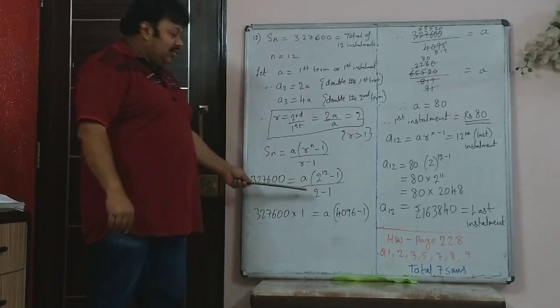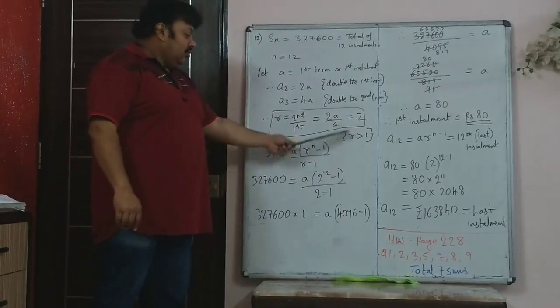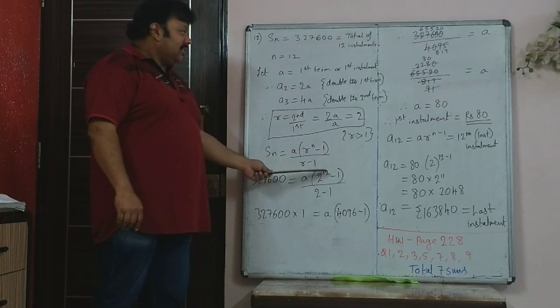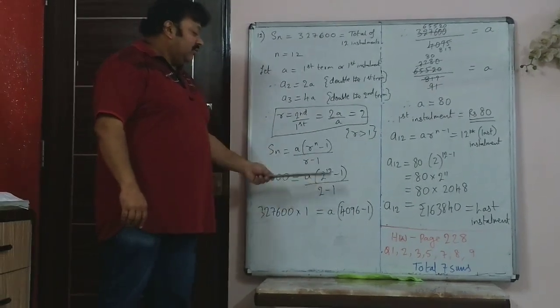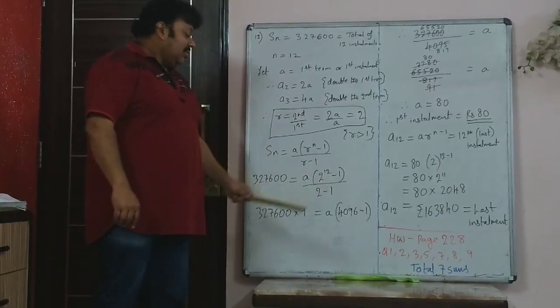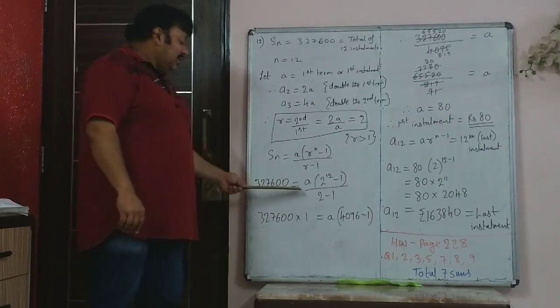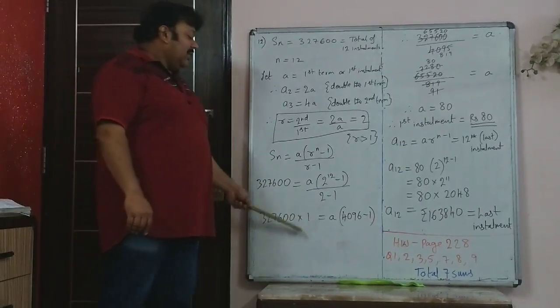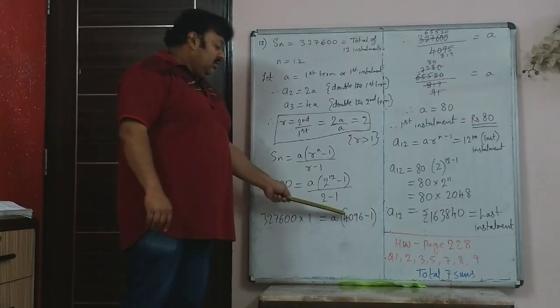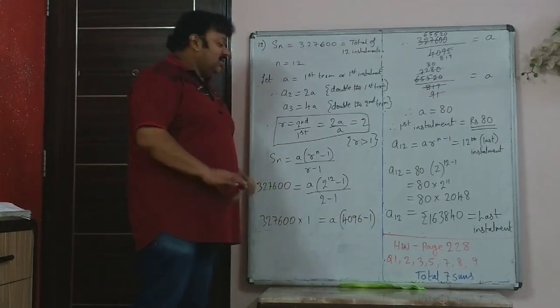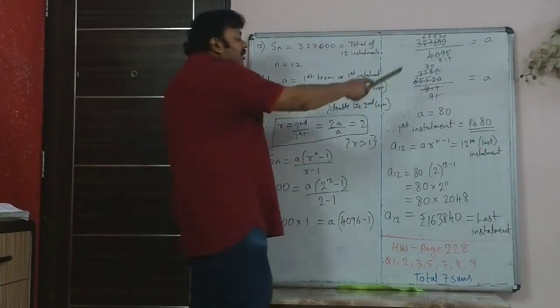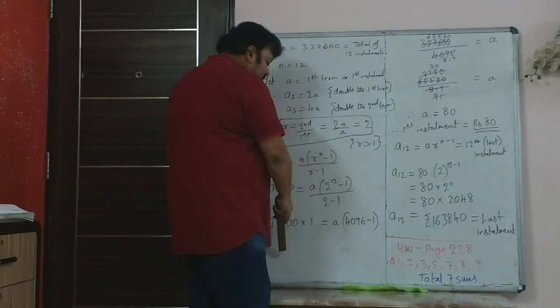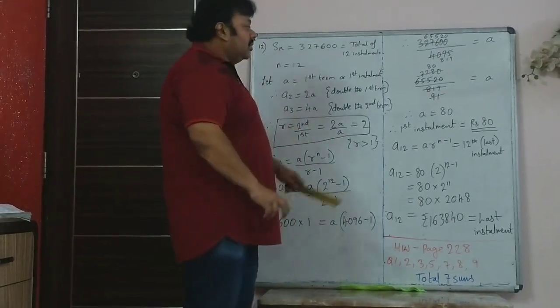A, which you don't know, R is 2 raised to 12, as 12 installments are there, so n is 12, minus 1 upon 2 minus 1. 2 minus 1 is 1, so this is multiplied by 1 and this is 4096 minus 1. So that is 4095, which goes on the denominator.